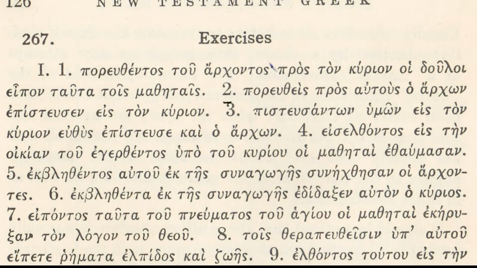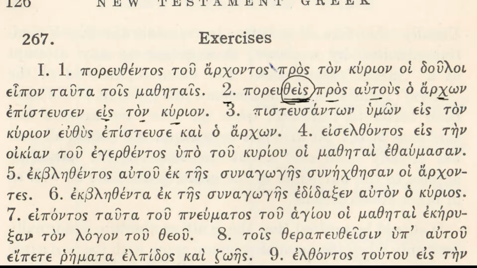The second exercise, poreutheis pros autous, ho archon, episteusen eis ton kyrion. So again, I have poreutheis, same word as I had here, but I notice that this is not now the genitive, but actually the nominative, singular masculine, poreutheis.